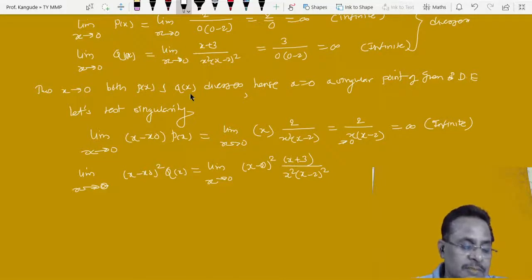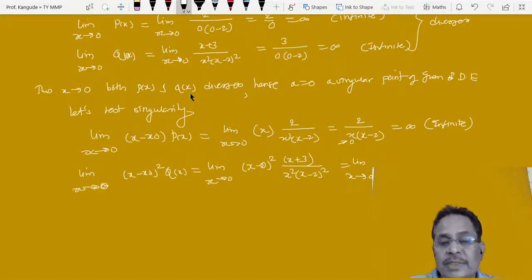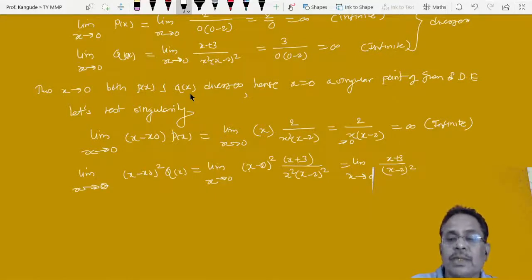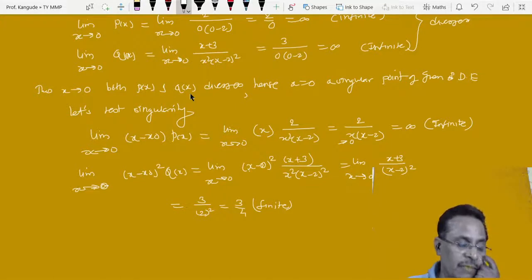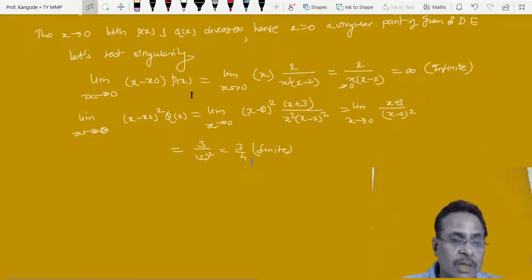Let's just calculate this. Now this is x square, and this is x square, so that cancels, and I get x plus 3 upon x minus 2 square. When I put x equal to 0, that gives me 3 upon 2 square, which is 3 upon 4, and that is finite.